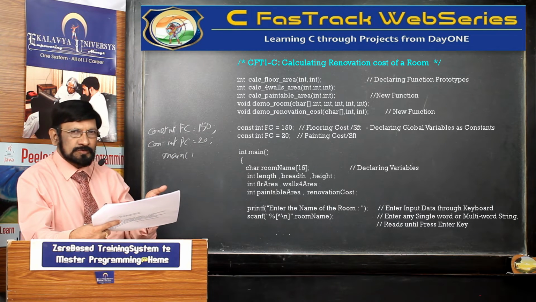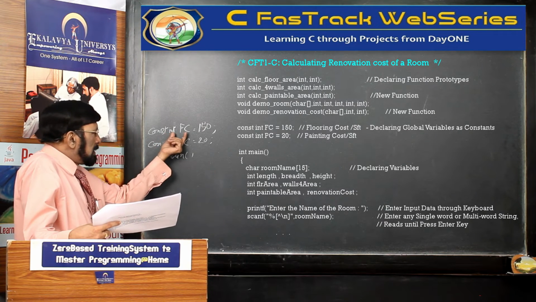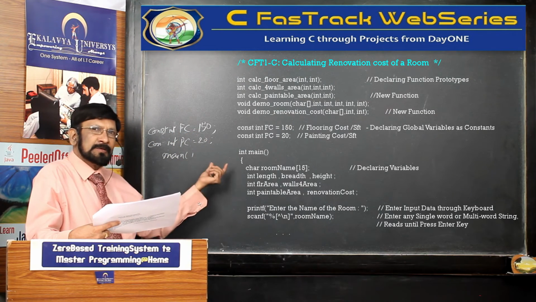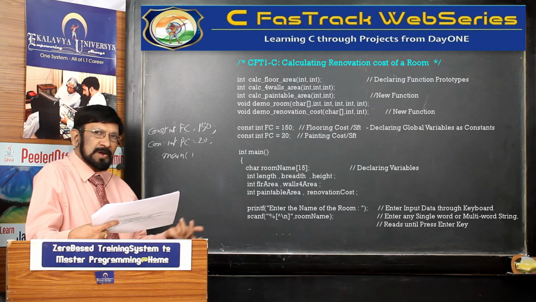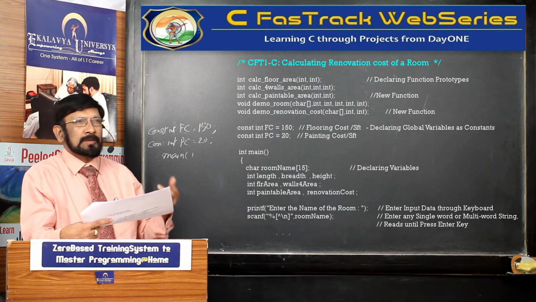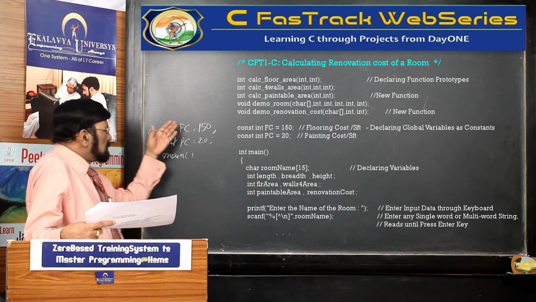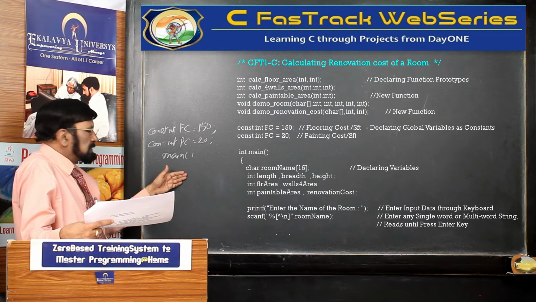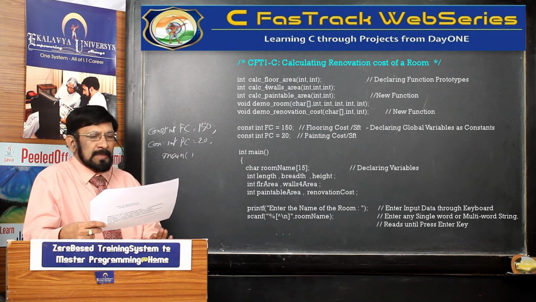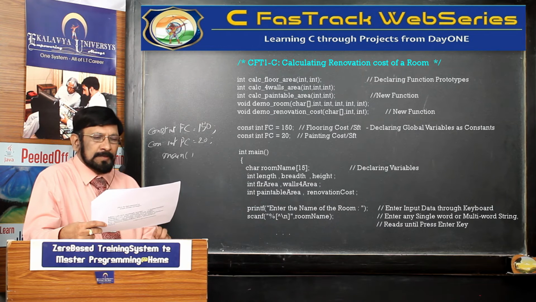We are not supposed to change it. If you voluntarily or inadvertently try to change these values, it leads to an error because those are constants. This is a new point you have to understand. Wherever you want to declare constants, you may declare them as global variables or local variables depending on the requirement.